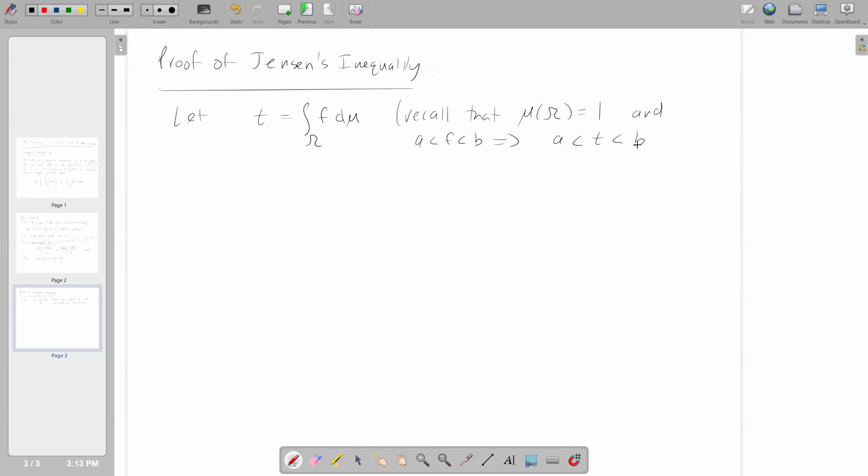So we don't have to worry about that. There's a slight concern of f equaling one of the endpoints or t equaling one of the endpoints. But if that's really the case, then we can argue that f is equal to that constant value almost everywhere.